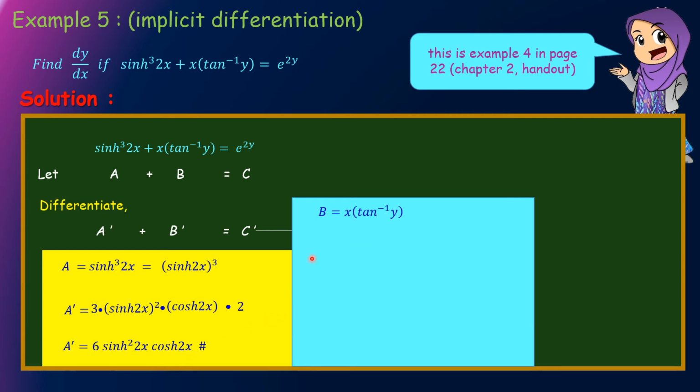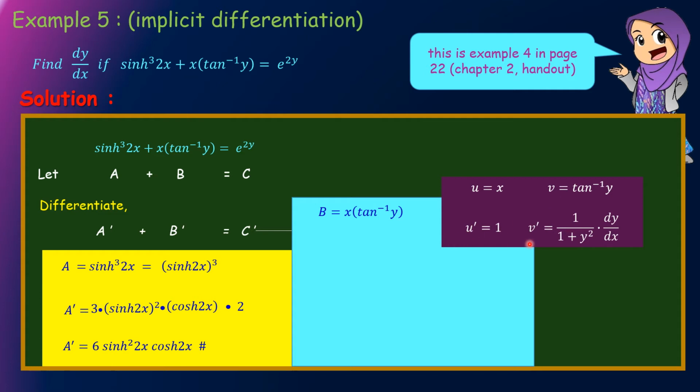Okay, now we differentiate b. Our b is x inverse tangent y. This is actually a multiplication operation, so we need to use the product rule to differentiate. When we use the product rule, we need to identify u, v, find u prime, and find v prime. Our u is x, and when we differentiate x, the answer is 1. Our v is inverse tangent y, and when we differentiate, we have v prime equals 1 over 1 plus y squared times dy over dx.